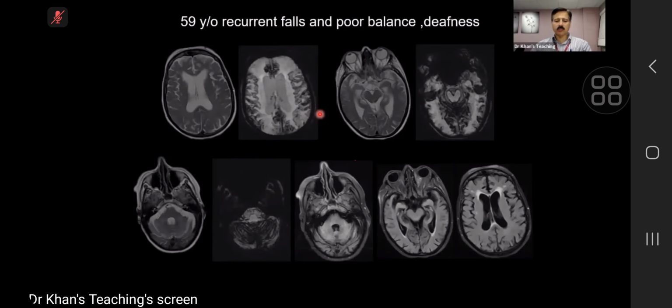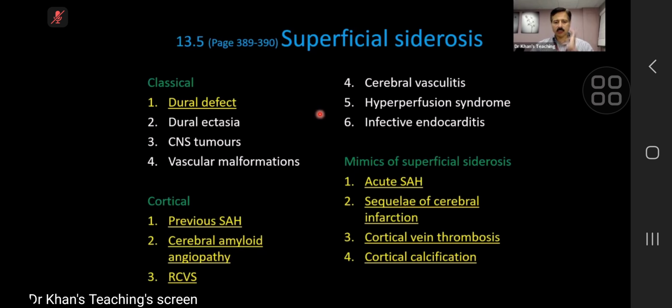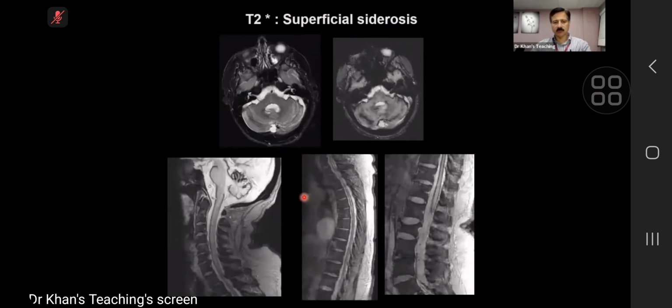We call it superficial siderosis, and this has now been included in the Chapman. So previous subarachnoid hemorrhage, which can be due to vascular malformation, CNS tumors, etc., is something to remember.